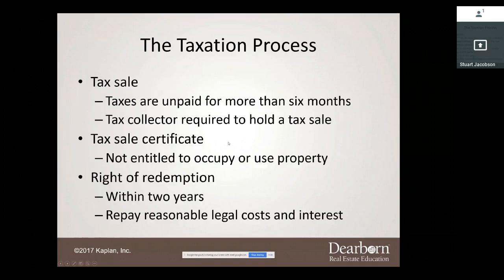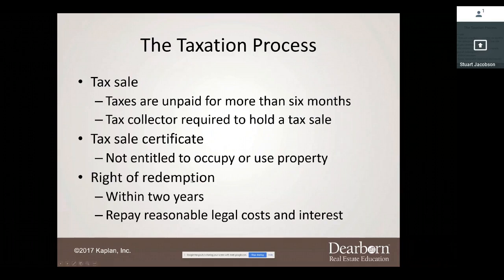Now we'll also talk about tax sales, because what happens is this. If you do not pay your taxes for more than 6 months, they will hold a tax lien sale. So what happens is they sell your tax lien. Now, if you hold a tax lien on the property, that does not mean that you have ownership.